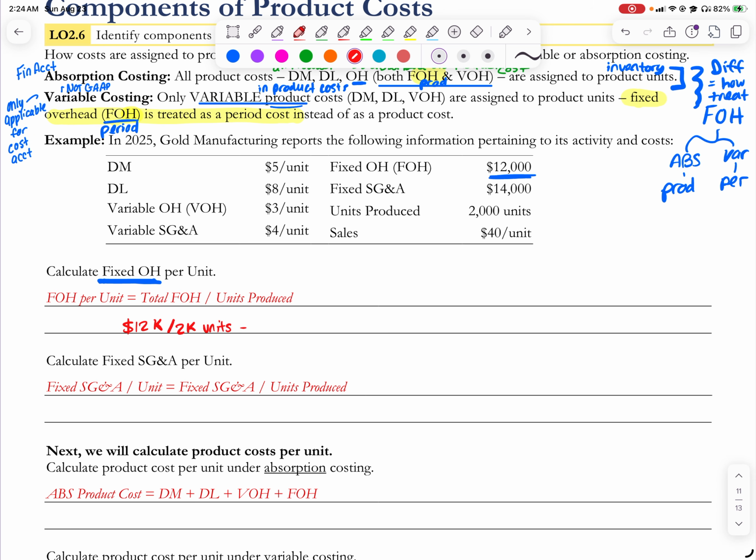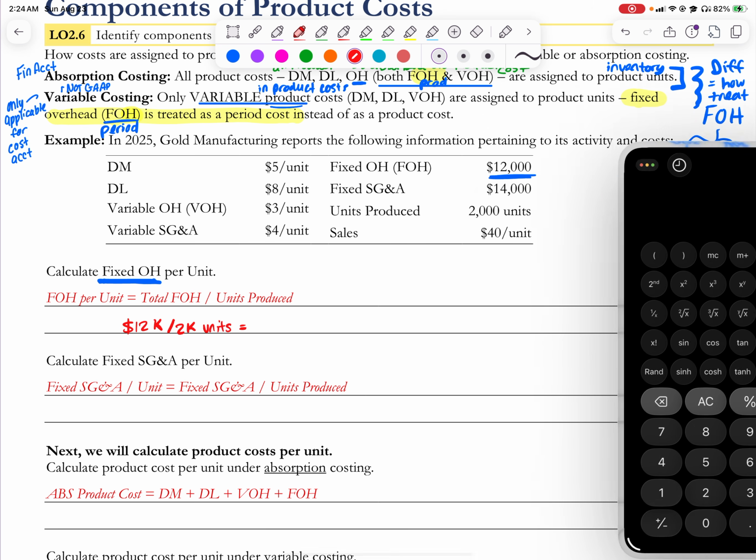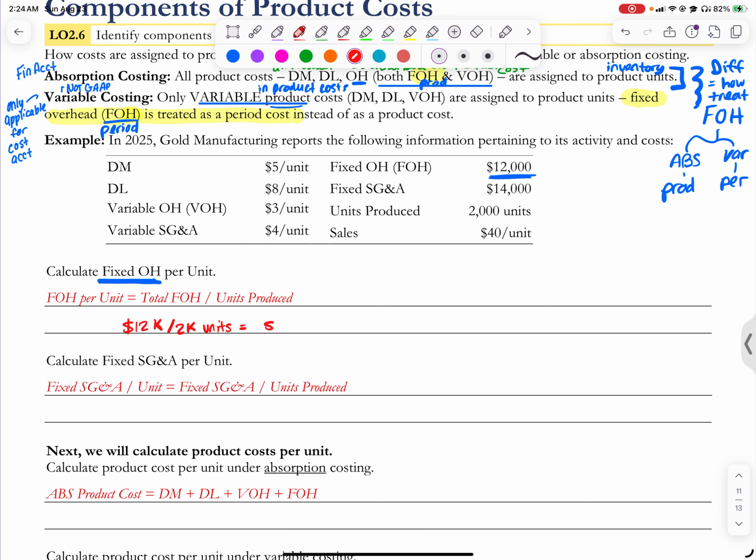I'm going to spread it out over the 2,000 units I produced. 12,000 divided by 2,000 is $6 per unit.